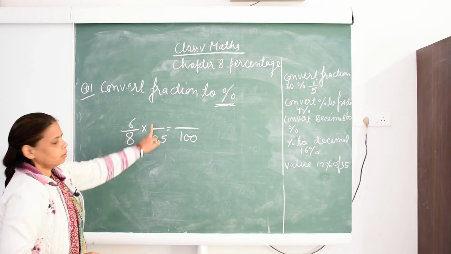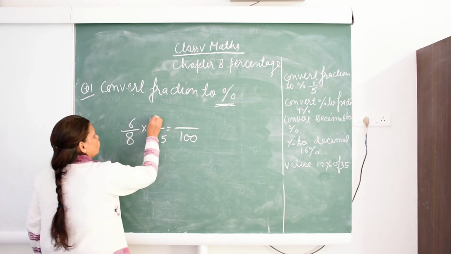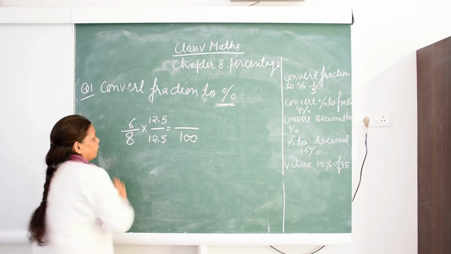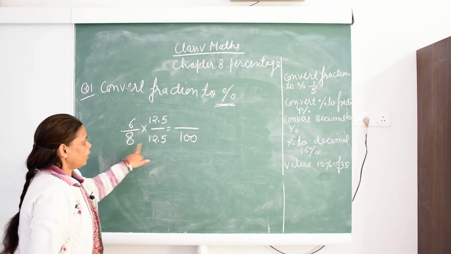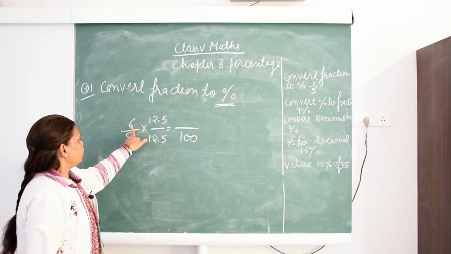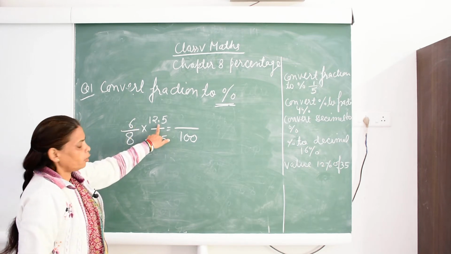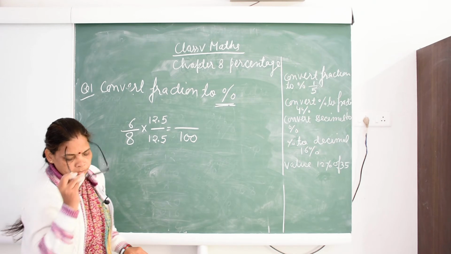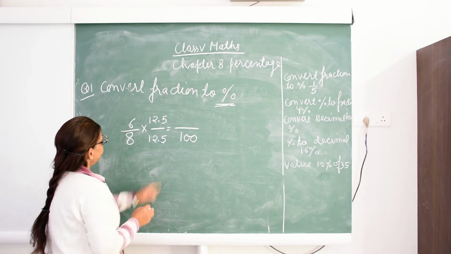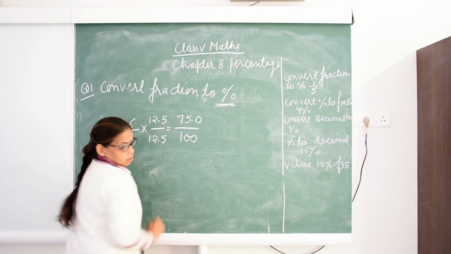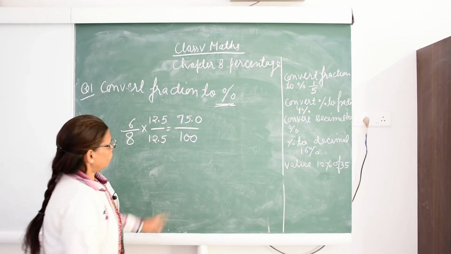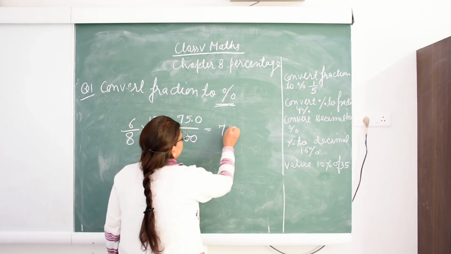Again you multiply the same with the numerator. When you multiply 12.5 by 8, you get 100. When we multiply 6 by 12.5, you get 75. So this is 75%.